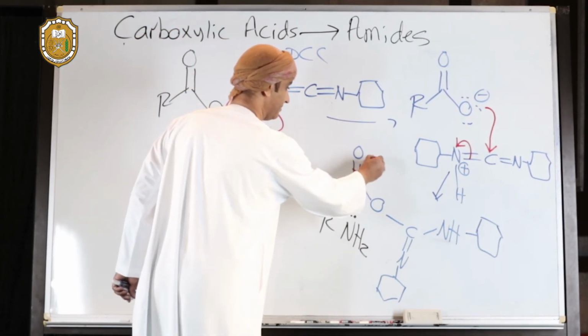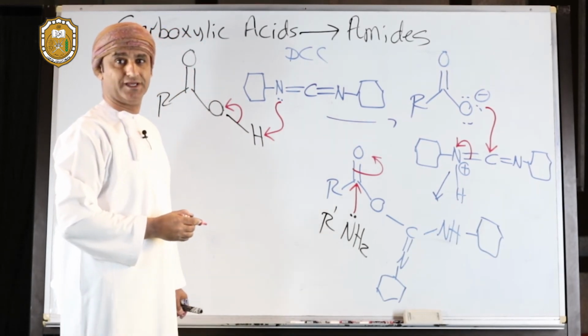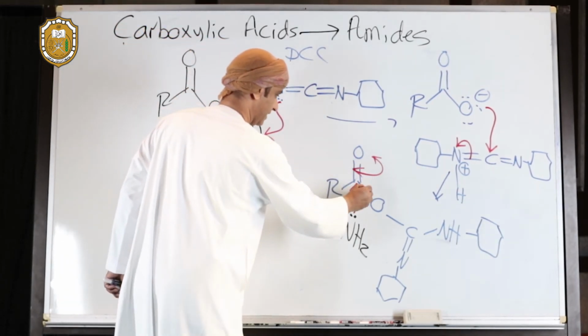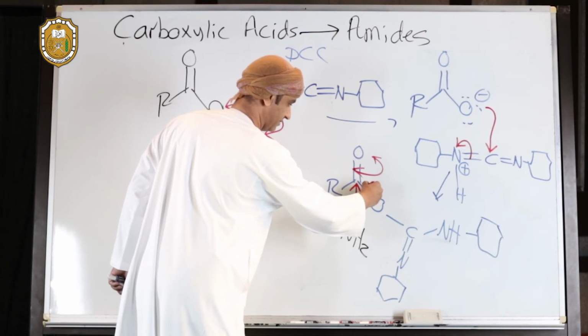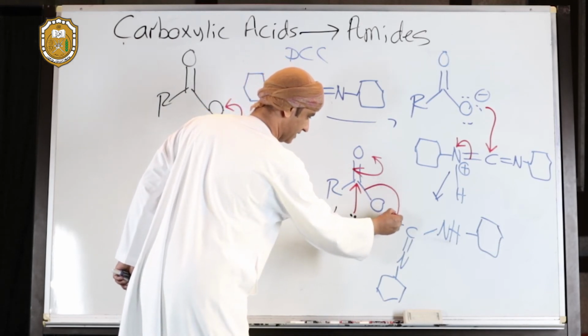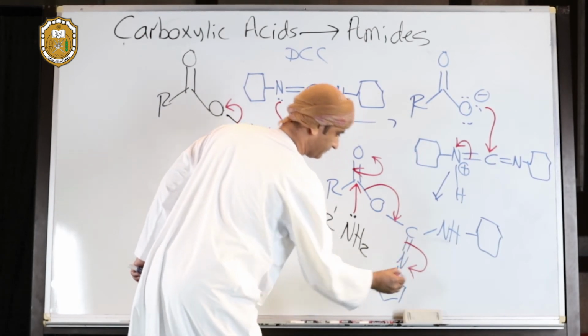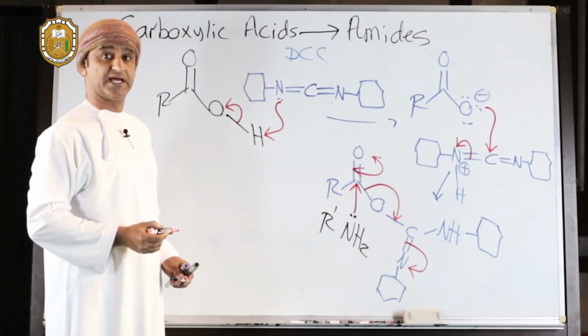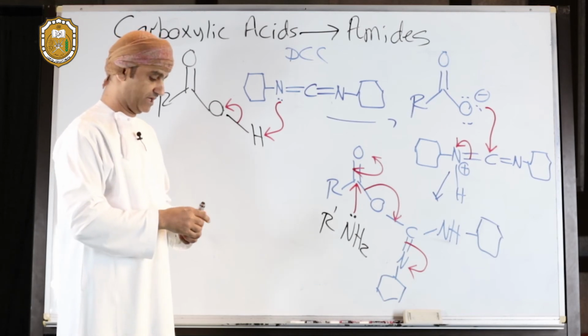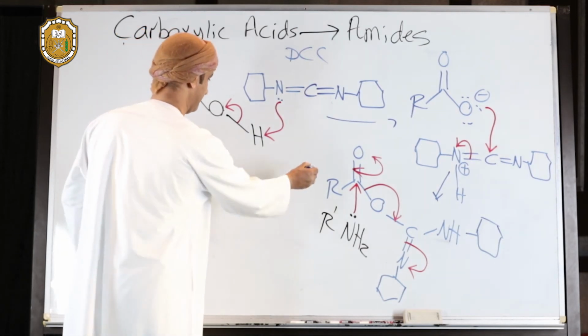The carbon-oxygen double bond is broken. It's reformed again, and this carbon-oxygen single bond is broken to make a double bond here. And now the carbon-nitrogen double bond is broken, releasing electrons to nitrogen. So let's see what we have.